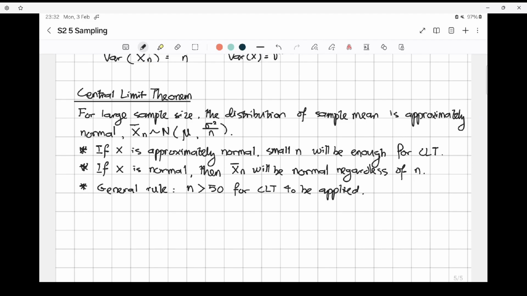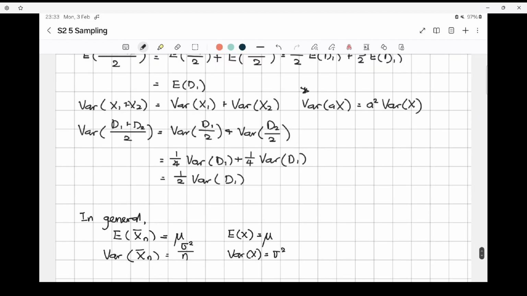If it is greater than 50, then usually it is normal. If it is not, then probably you cannot make use of central limit theorem. So that's really what this particular chapter is about, and it is again a very short chapter.